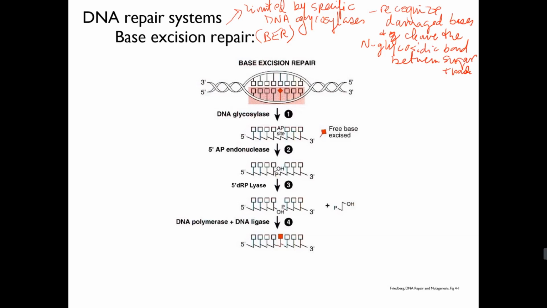So this cleavage reaction is exactly the same as the spontaneous reaction that occurs in the formation of an AP site that we discussed previously. It's just that this one is actually enzyme catalyzed.